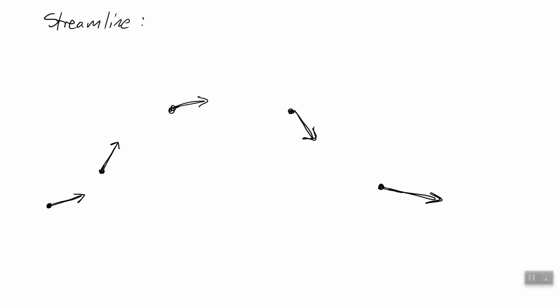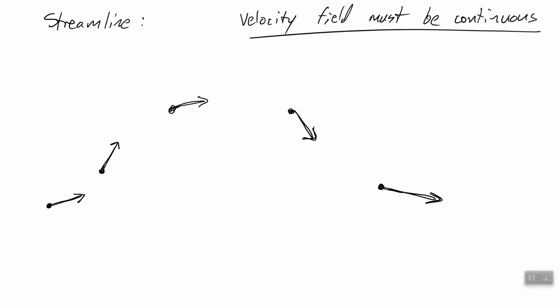Now, the cool thing about a fluid is it is mass, and mass exists and can't be created or destroyed, which means that the velocity field, you know, this is important, the velocity field must be continuous. Mostly. When we get into compressible flow, that can not be true.